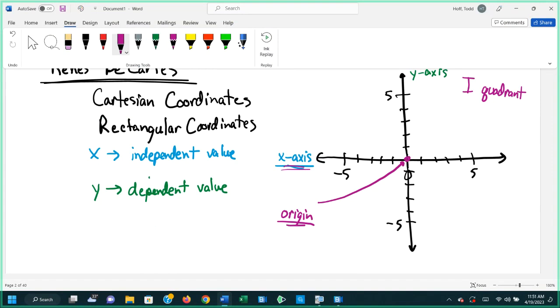Now, if you remember when we talked about, well, we didn't talk about angles in this class, but if you looked at angles or vectors or navigation or whatever, things tend to go around counterclockwise. And so this would be the second quadrant. This one down here is the third quadrant.